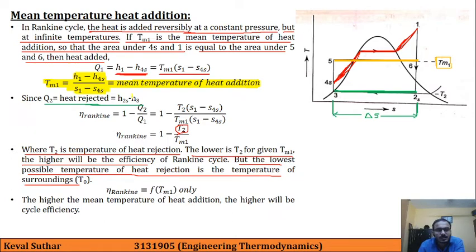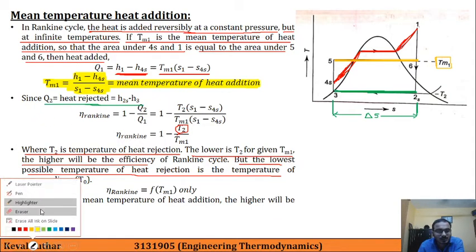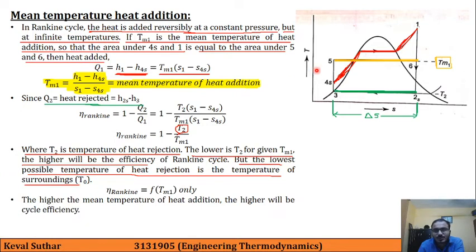In this case, if you see how we can obtain the mean temperature of heat addition, first what we need to do is focus on the process of heat addition. That is, in our standard Rankine cycle, the heat addition curve is from 4s to 1, that is the red highlighted curve.